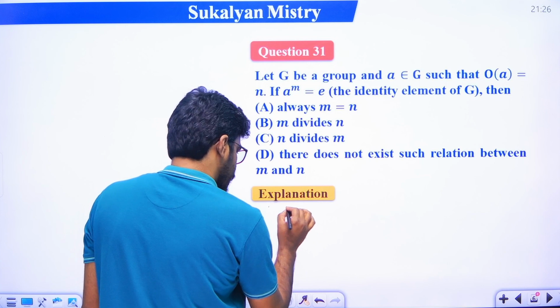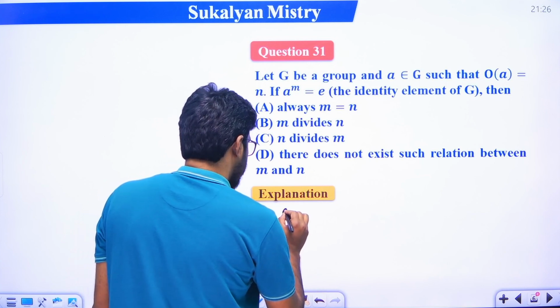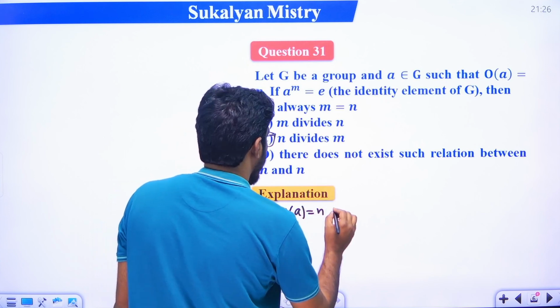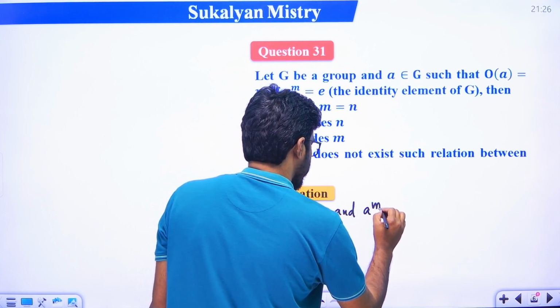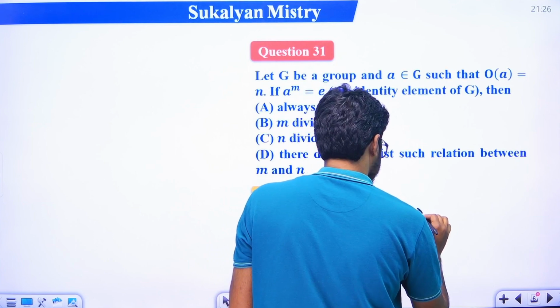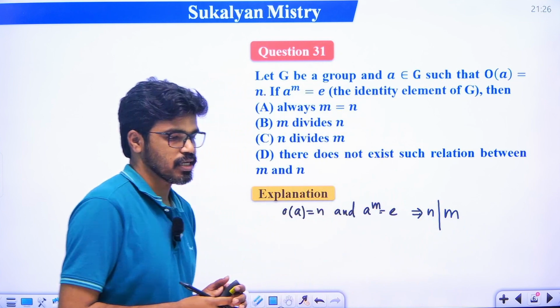That is a result. Suppose order of A is N and A to the power M is equal to E. So this implies that N divides M. This is the theorem or property.